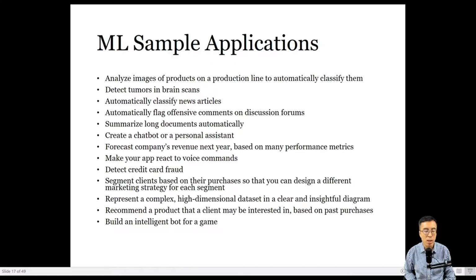And not to say they are used extensively to recommend a product that a client may be interested in based on past purchases, and also being used to build an intelligent bot for a gaming product. Those are probably only scratching the surface of many profound applications that machine learning enables.